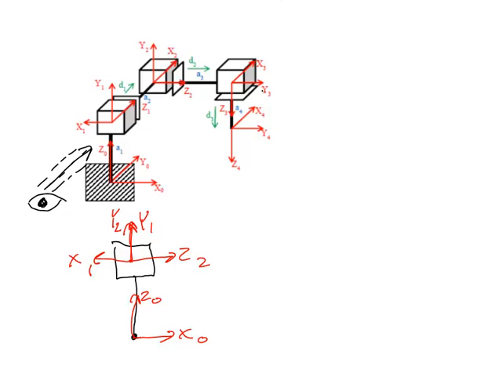Finally, joint number 3 you will see positioned over here, connected with its link, and you will see parts of its frame. You'll see Y3 pointing to the right and Z3 pointing down. Finally, you'll see the link connecting to the end effector pointing down, along with portions of its frame, Y4 pointing to the right and Z4 pointing down.